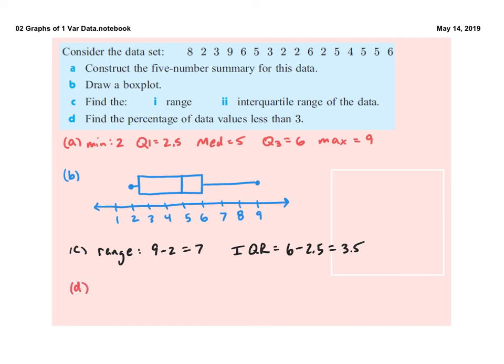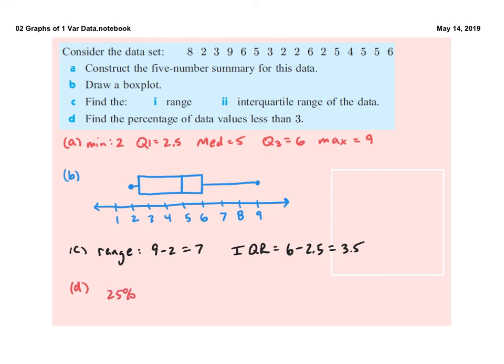find the percentage of data values less than 3. So we're looking at 3, and we're thinking to ourselves, okay, what percentage of the data values is less than 3? In this case, that would be values in that sort of whisker on the left, which is, again, 25% of the data.